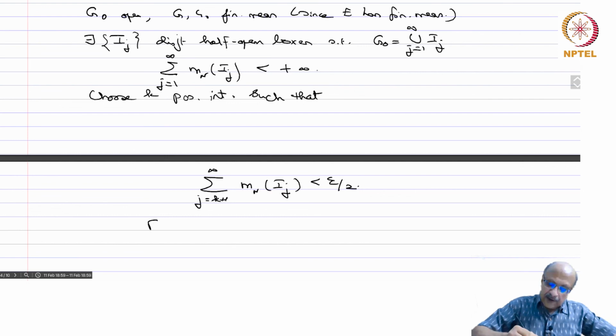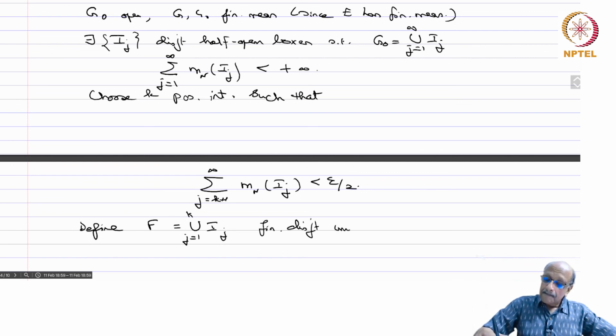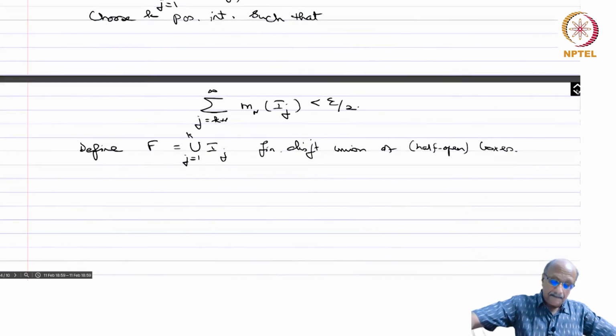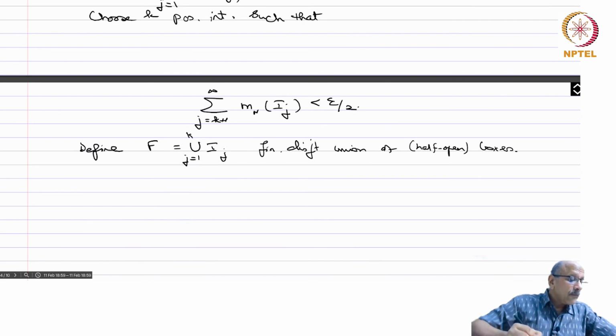And now you define F equals the sum from j equals 1 to K of Ij. So this is a finite disjoint union of half open boxes, and F is contained in G0.